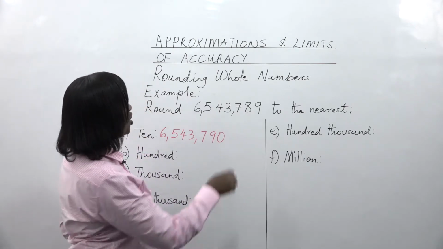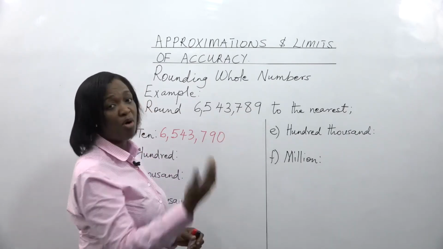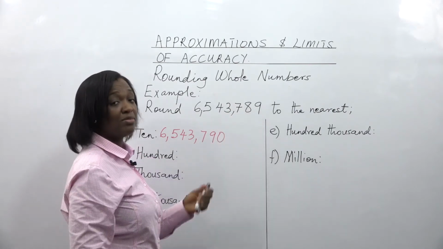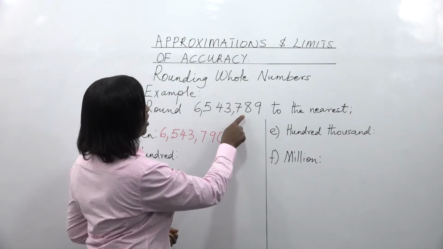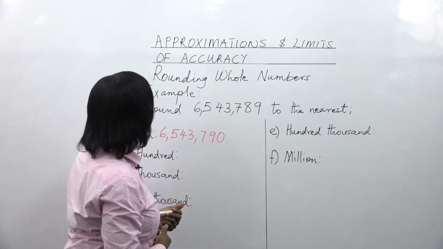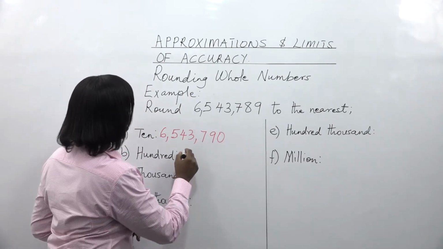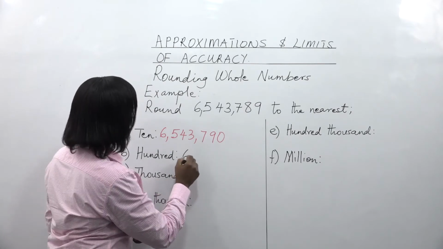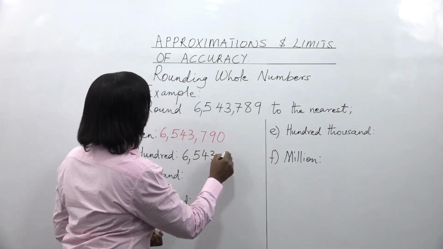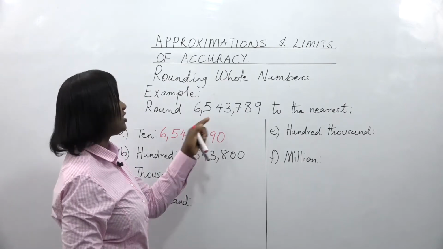Another way is look at the tens column. If the digit in the tens column is 5 or more, you round up. So you round up by adding 1 to the 7 and it becomes 8, and then round down if it is less than 5. So 6,543,789 to the nearest 100 is actually 6,543,800.